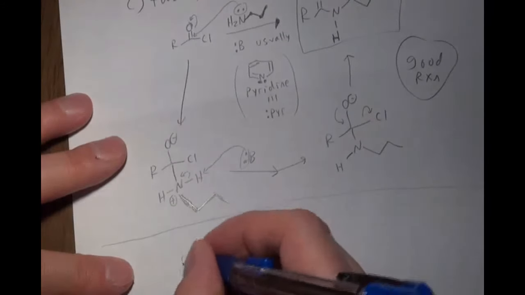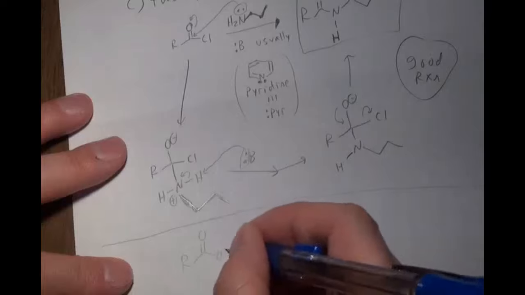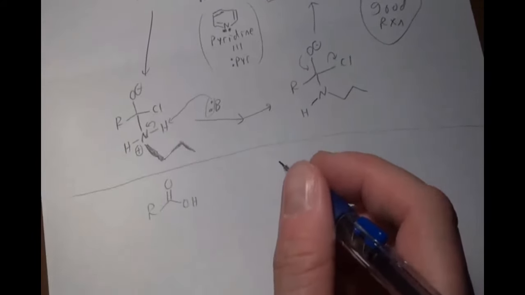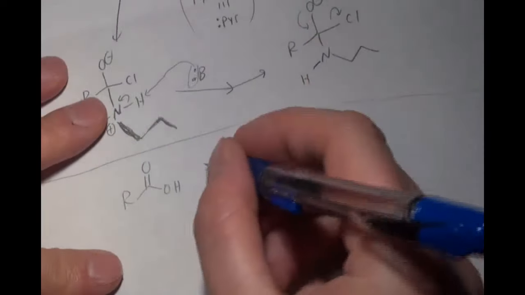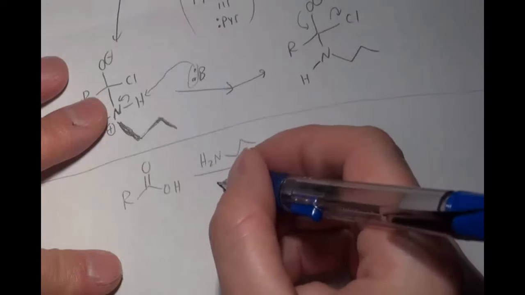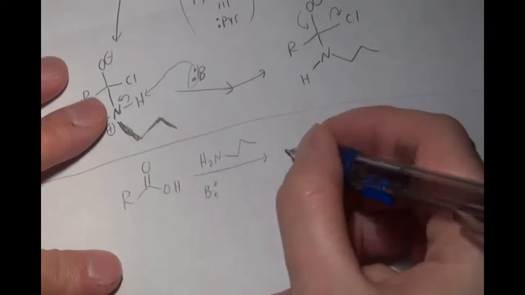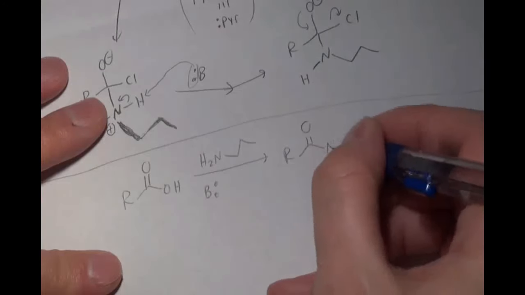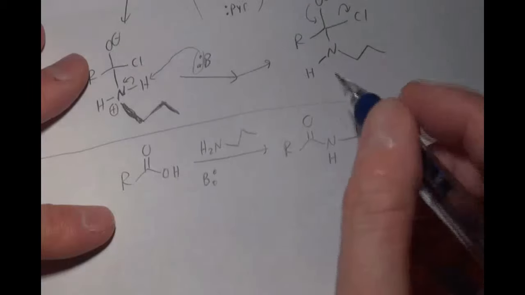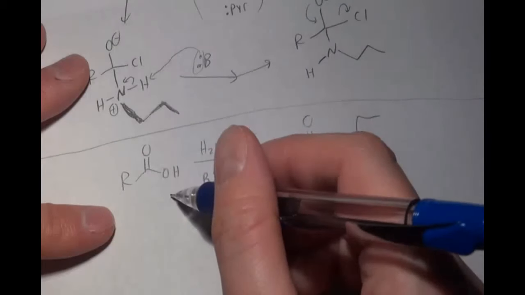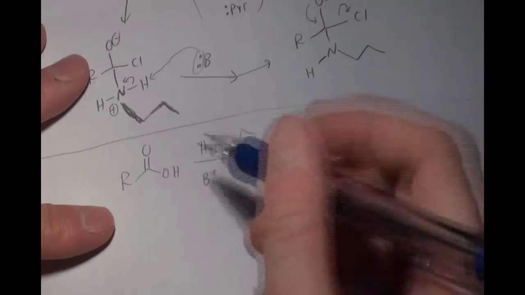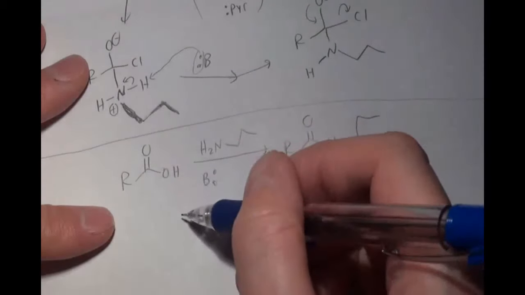So let's try, what was the worst leaving group? Carboxylic acid is the worst leaving group. Let's try the same exact thing and say, can we make this amide the same way? Okay, so now we have a horrible leaving group, that's actually kind of acidic. It's a carboxylic acid.